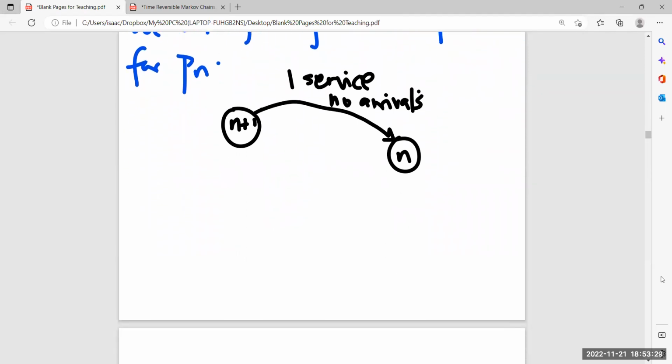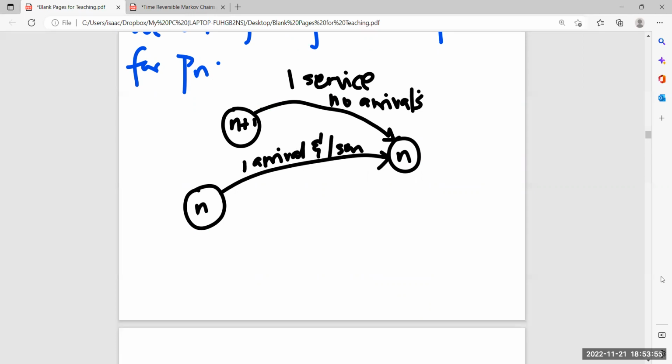What about now? Can I have n and end up with n? Yeah, I can have that. How can I have that? I can have one arrive and one get service within that time. So one arrival and one service. Anything else? Nobody gets served and nobody came in too.